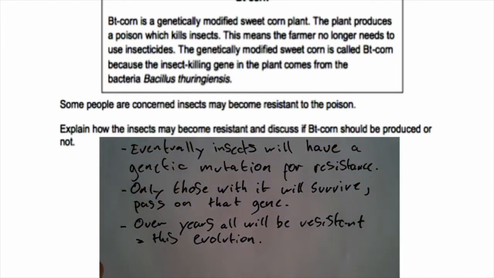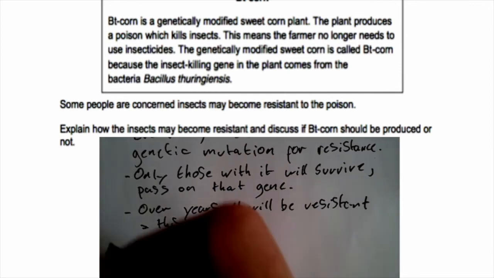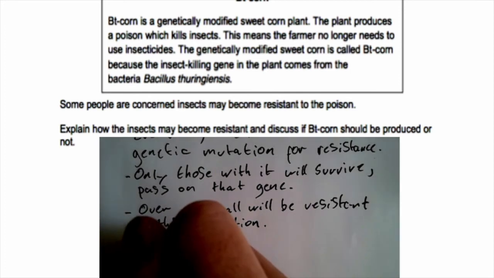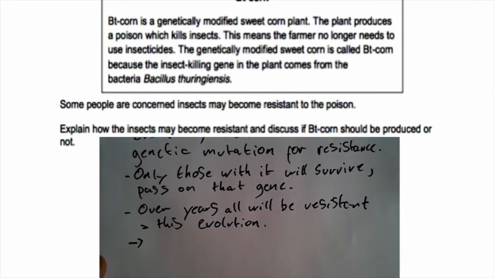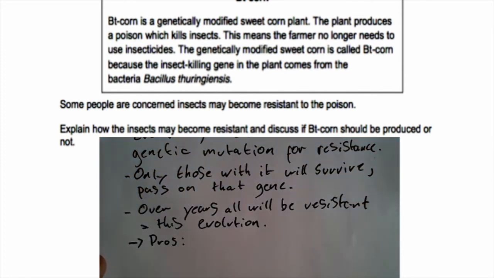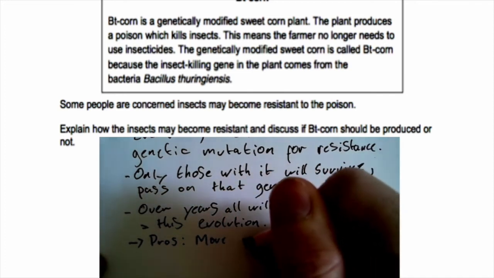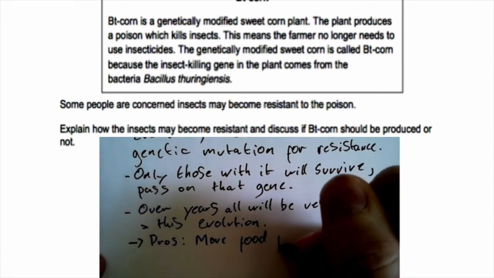So then you've done the first part of it, and the last bit is discussing whether it should be produced or not. And this is quite tricky. I would say just go for a simple pros and cons. So pros, reasons for, and it's fine to write like this. Well, the reasons for it means more food for people.